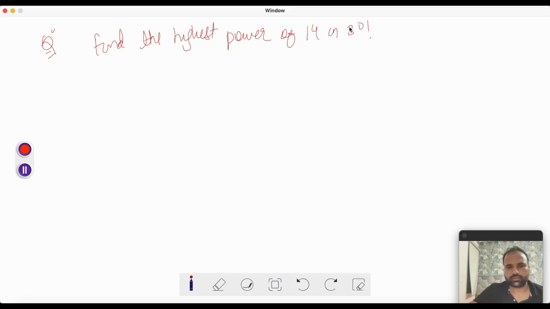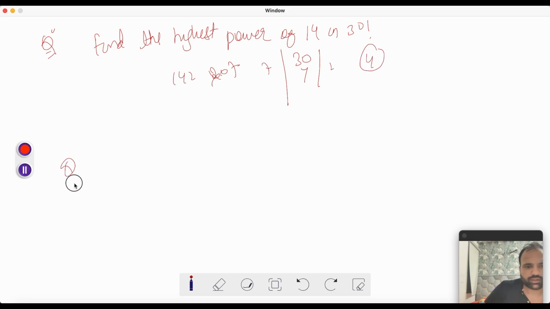Come on, try doing this. I'll pause it for a moment and you do it. It should be done in 5 seconds, not more than that. It's very simple, it's not that difficult. 14 is what? 2 into 7. Don't calculate for 2, just calculate for 7 in 30. 7 4s are 28, so it will be 4. Simple.